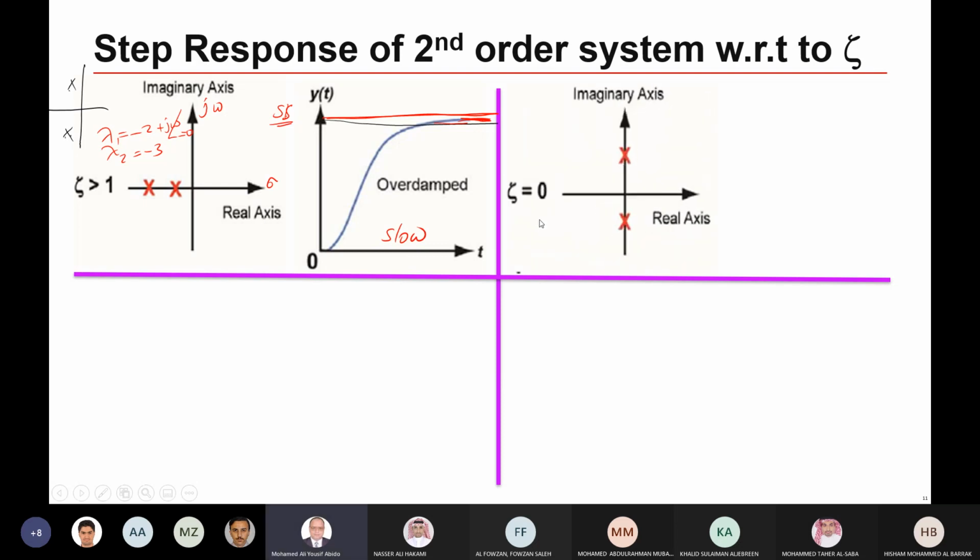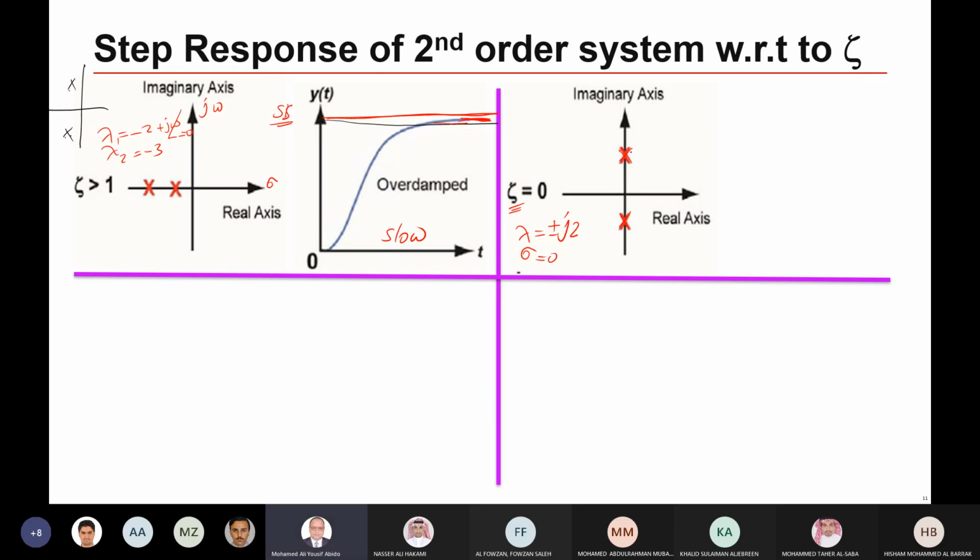If you have this case, where you have zeta, as we mentioned, the damping coefficient for these poles, the poles are on the imaginary axis. There is no sigma here, sigma equal to 0, lambda equal to plus minus j2, for example.